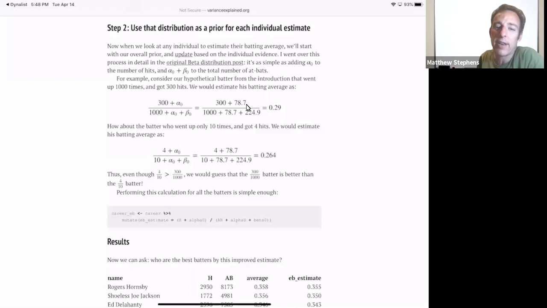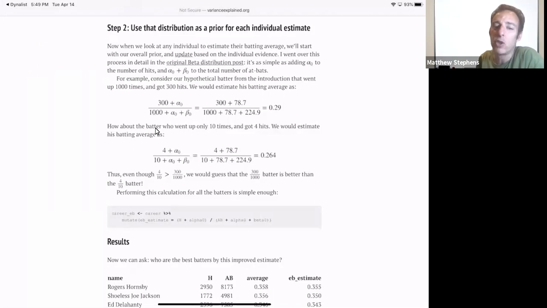When you do the Bayesian analysis, what you find is that the posterior mean, which is what he's computing here, is actually pretty close to the MLE. The reason is that he went up 1,000 times, so the data overwhelm the prior and dominate the posterior mean.